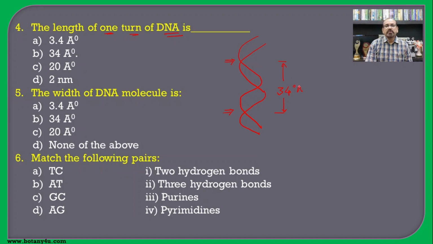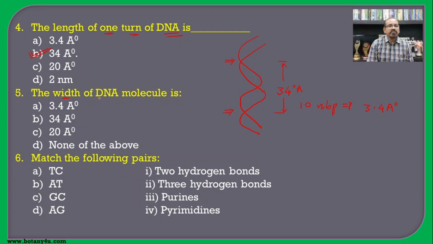So the answer is 34 angstrom, and it contains 10 nucleotide base pairs, so that one base pair occupies 3.4 angstrom, and hence B is the correct answer for this question.